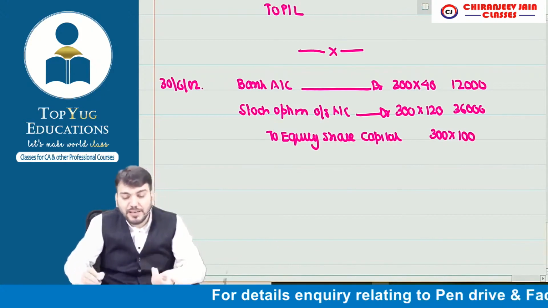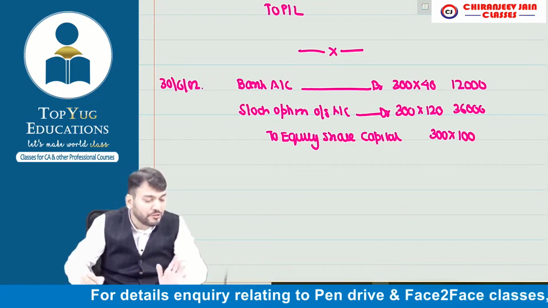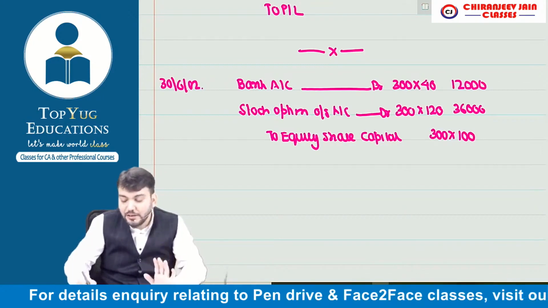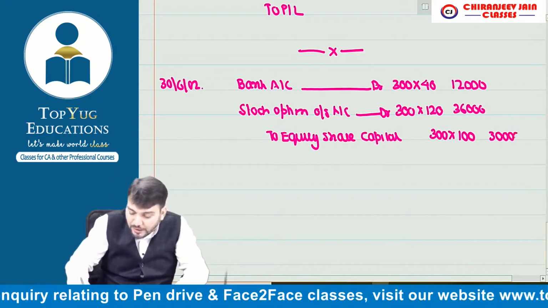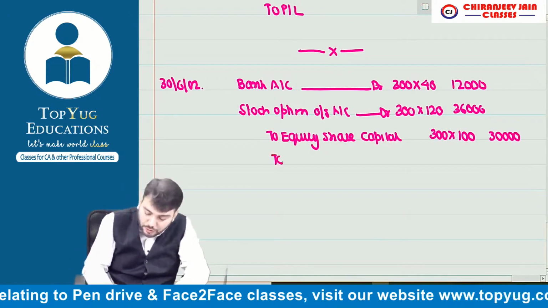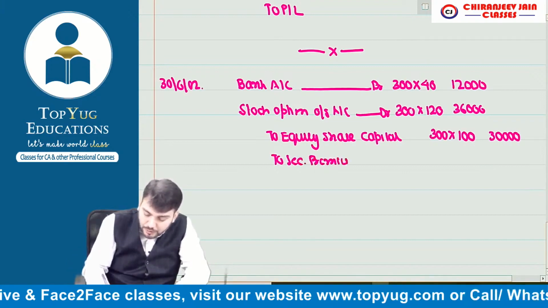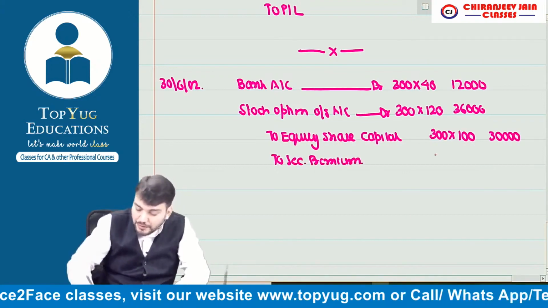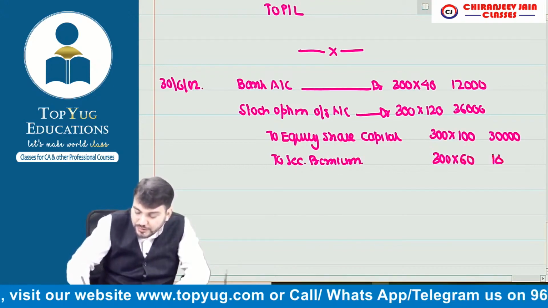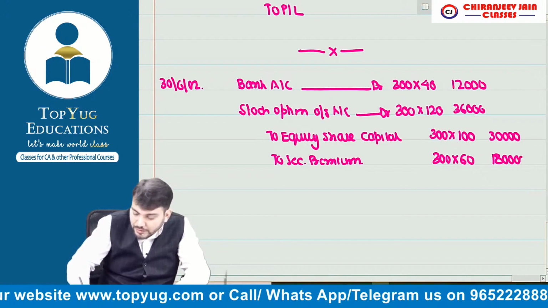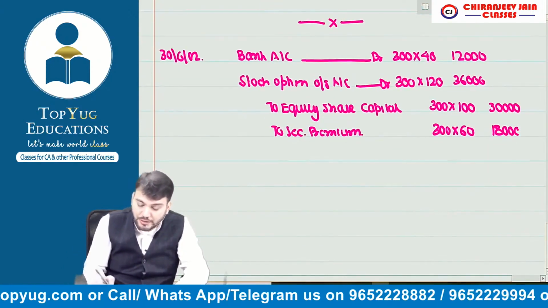So this become 30,000. So to securities premium, this will be 300 into 60, that is 18,000. Correct. Understood.